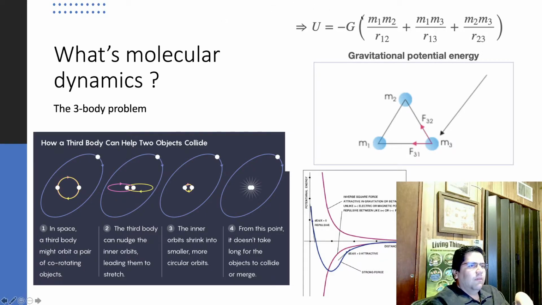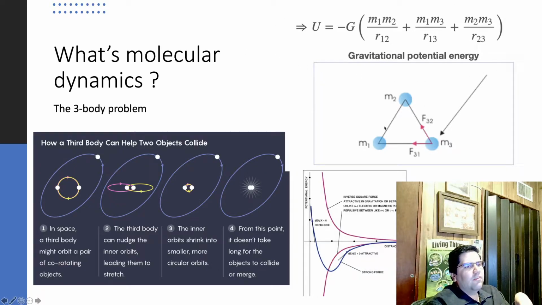Then we have mass 1, mass 2, divided by the distance between the first mass and the second mass, plus m1 and m3 divided by the distance between 1 and 3, plus m2 and m3 divided by the distance between the second and the third mass. And this is my gravitational potential.